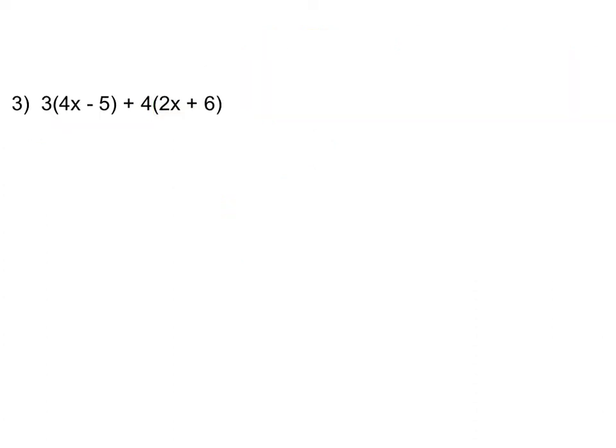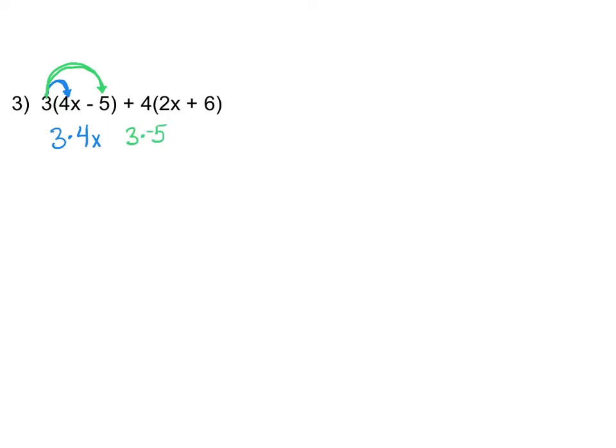Okay, number 3. So in this case, we need to distribute. So we're going to distribute the 3 to the 4x, and then we're going to distribute the 3 to the minus 5. Okay, so 3 times 4x is this first part here. Next, I have 3 times negative 5.